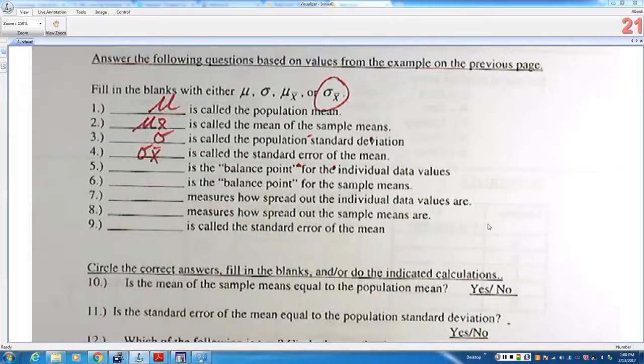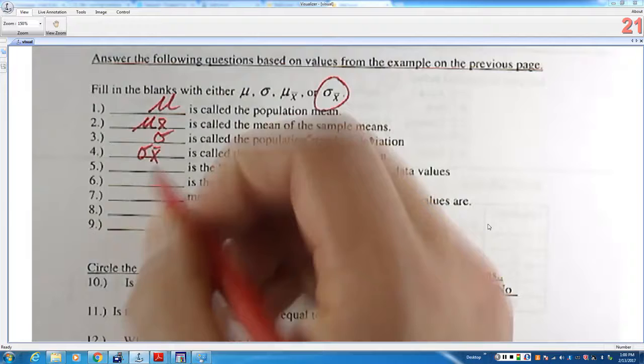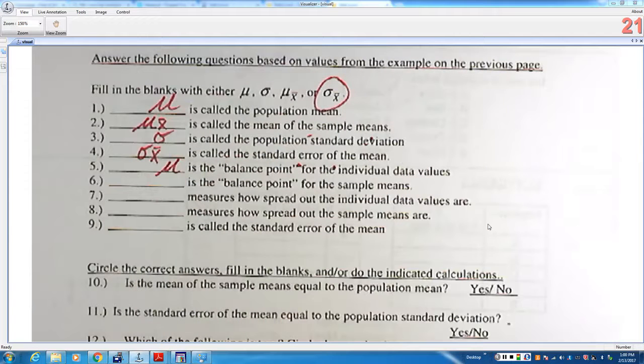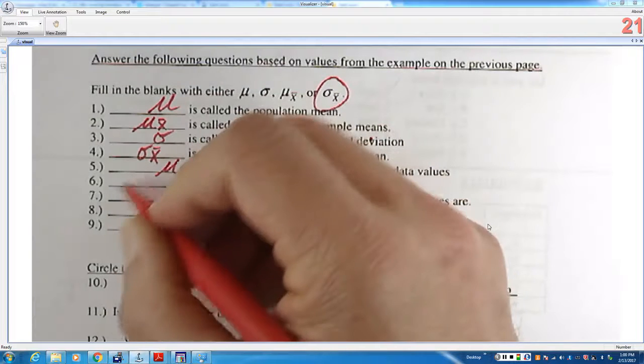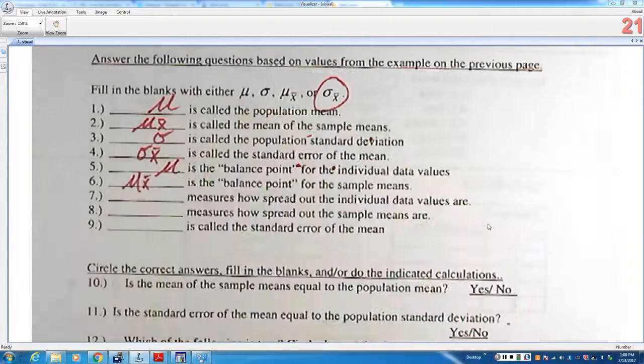What is the balance point for all individual data values? That's your mean. The balance point is always the mean. So what do you think the balance point for the sampling means is? The mu sub x bar, the mean of the sample means.